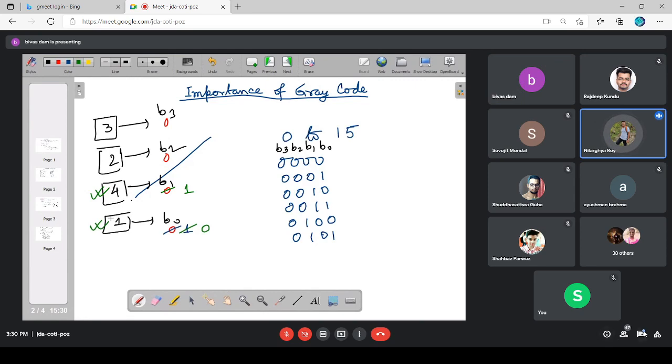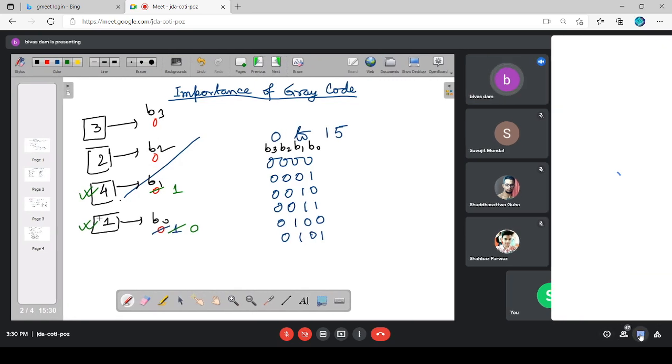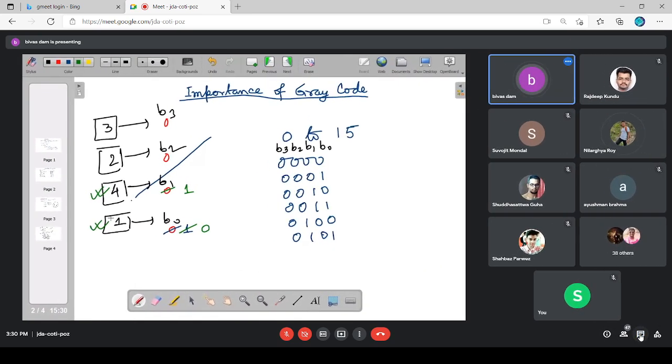The temperature is rising linearly. Can the temperature suddenly jump from 1 to 8 or 10 or 12? No. After 1, it is 2, then 3. So that's why.